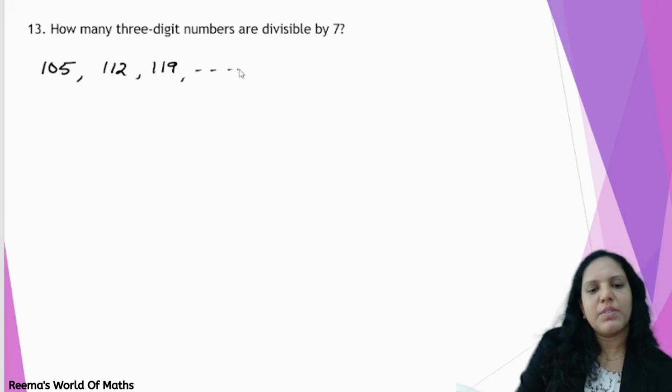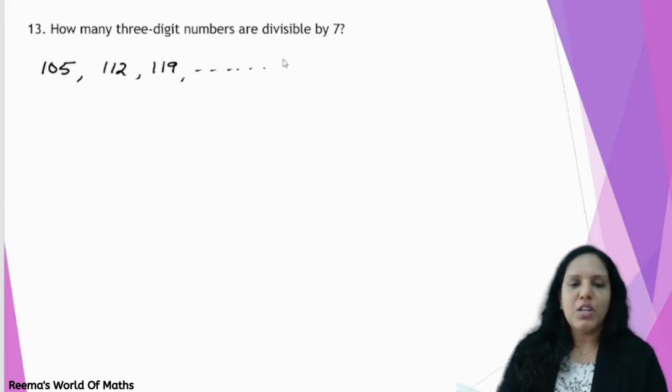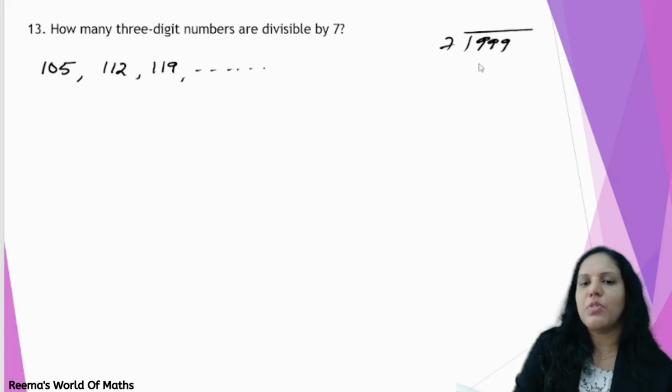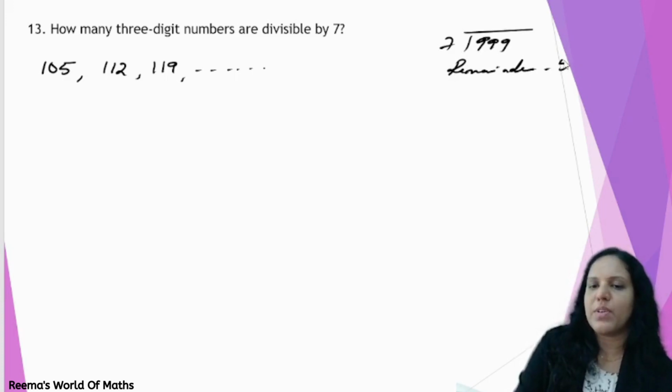Now we need to know the last number. If we divide the highest 3-digit number, which is 999, by 7, there will be a remainder. Let's do the division. We get a remainder of 5, correct?